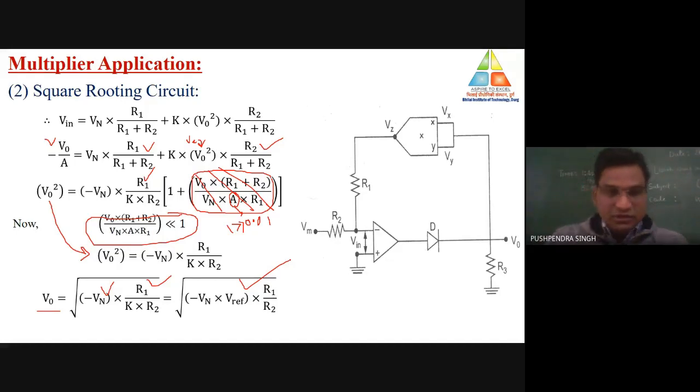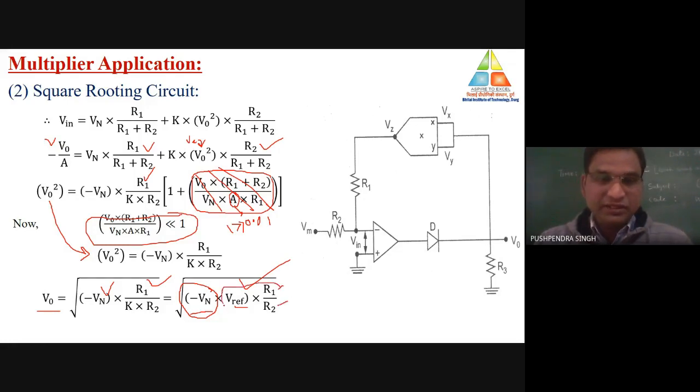So what is the meaning of this expression? The output is the square root of the input voltage. That's why it is called the square rooting circuit. So with the help of the multiplier, we can generate the square rooting circuit. The value of V reference is fixed, and for a particular application R1 and R2 are fixed.